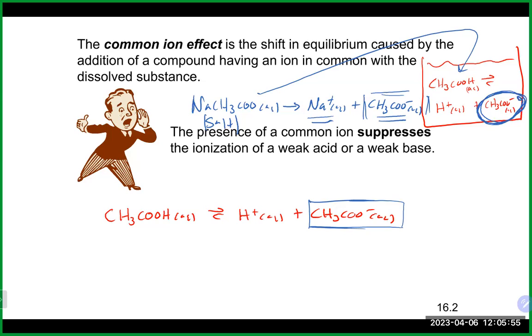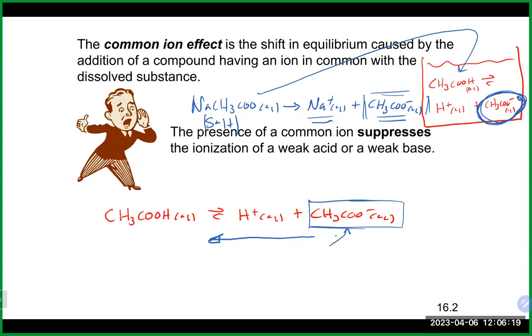And our friend Le Chatelier's principle will tell us that when I add more acetate to this equilibrium, what should happen to the equilibrium? Should shift, in this case, which way? We added more products, which means it should shift away to the left-hand side.